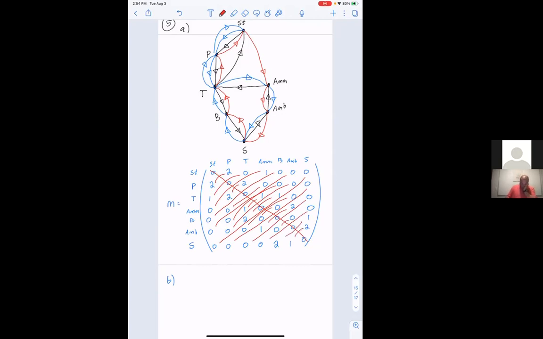Okay, those are all the pairs. So not connected directly or with at most one stop.